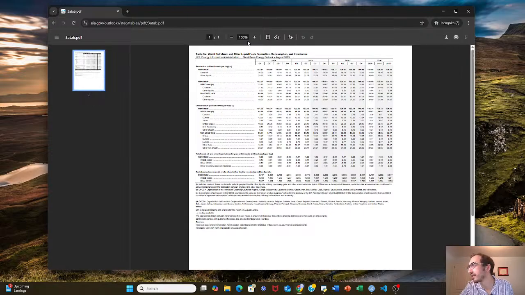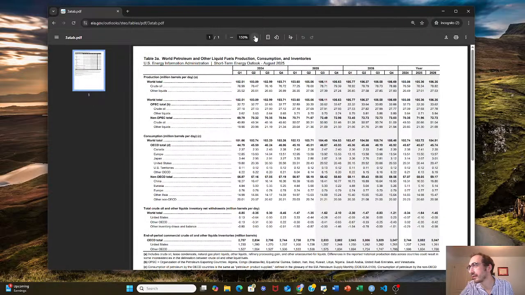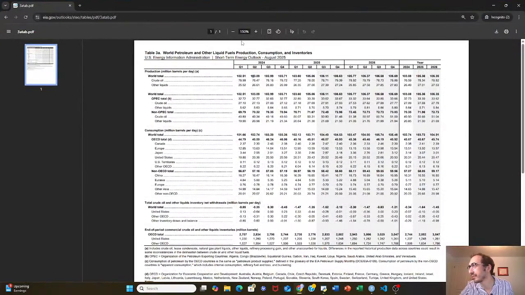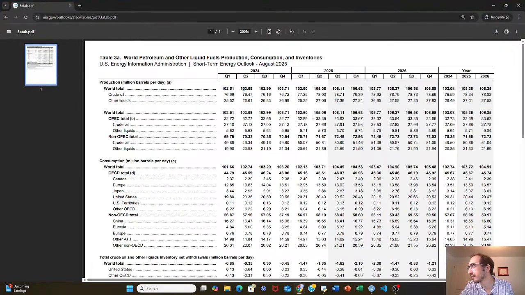Okay. Can we zoom in on this? I was hoping they'd have a chart, but this will work. Seeing total world crude oil and other liquids, I assume they're referring to natural gas or other energy products, and this is in million barrels per day.